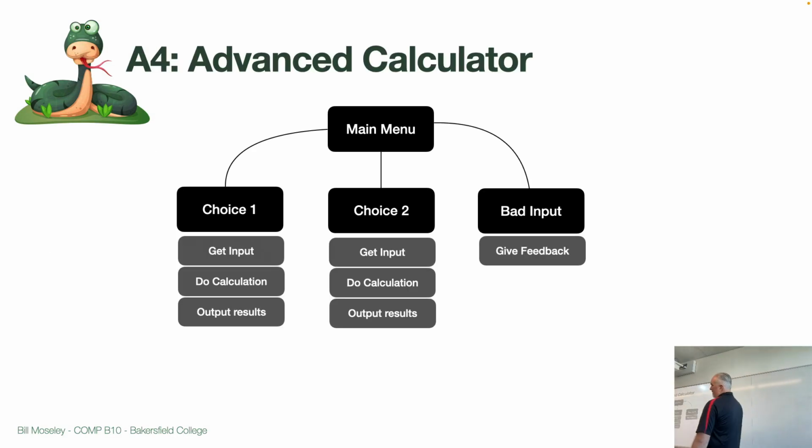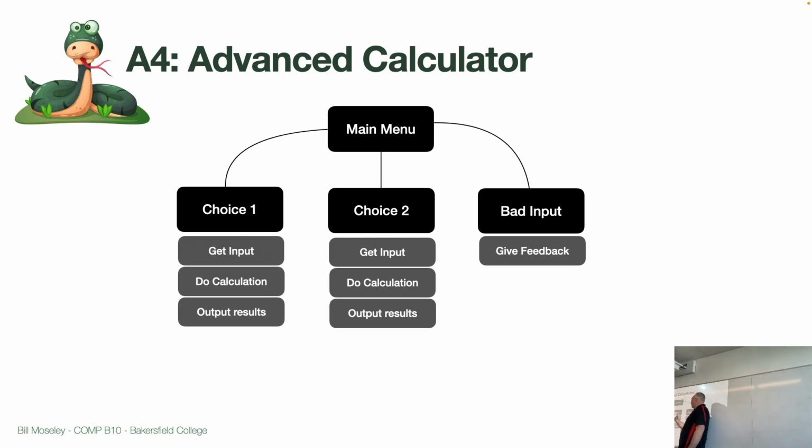So when we're talking about the advanced calculator, if I was going to make a flow chart of the program, this is what it would look like, right? I'm going to have a main menu that says choose 1 for this, choose 2 for this, and it's going to be an if, elif, else.